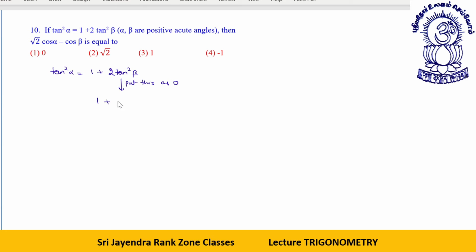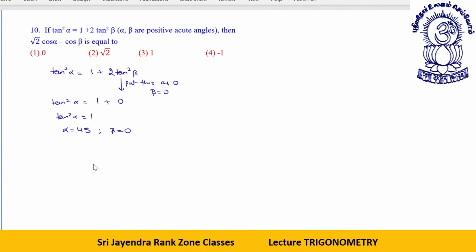Okay, so this is 1 plus 0. So tan square alpha is equal to 1. Alpha is equal to 45. When I put this as 0, it means beta is equal to 0. Why? Tan 0 is 0. So you have alpha 45, beta as 0.